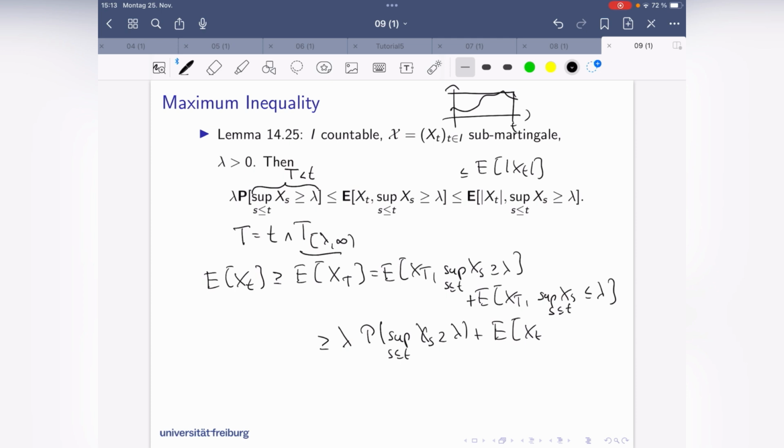So this entry thing has not occurred by time t. Like this, X_t on this set.